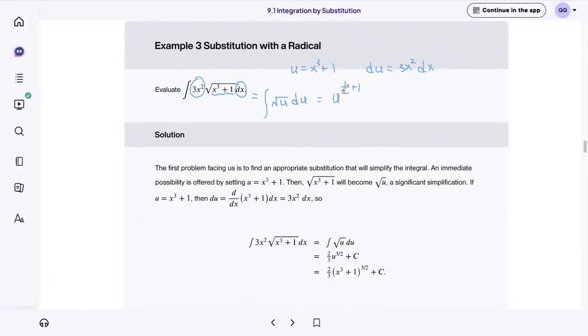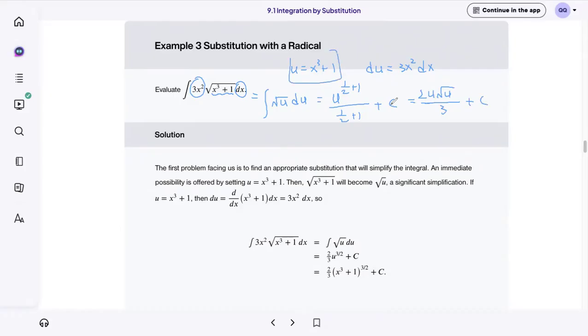So we anti-differentiate: half plus 1, divided by half plus 1, then plus c. That's u square root of u divided by 3 halves, and dividing by 3 halves is the same as multiplying by 2/3. Then plus c.